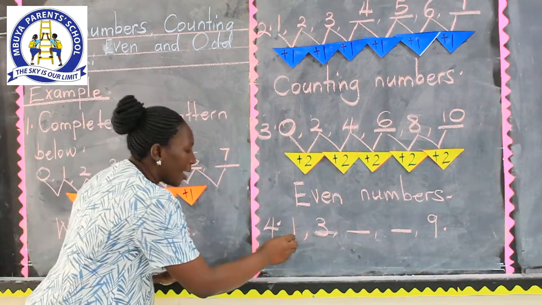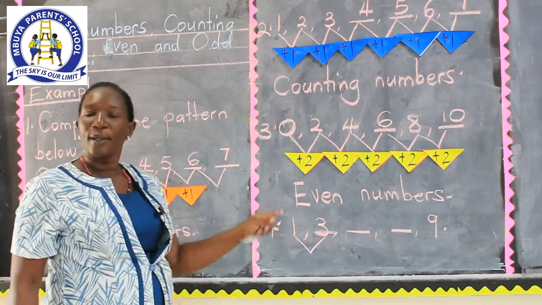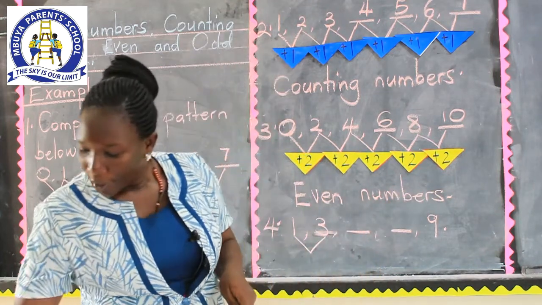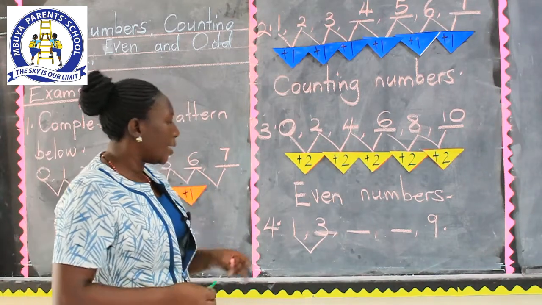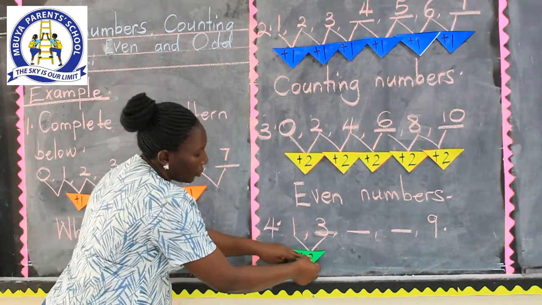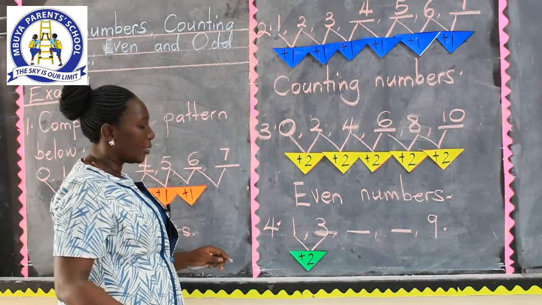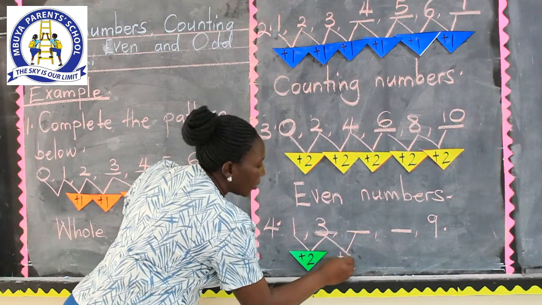So the first number is 1. Ask yourself, what is added to 1 to get 3? You will see that to get 3, we shall add 2. Are you seeing that? The same thing we shall do here.